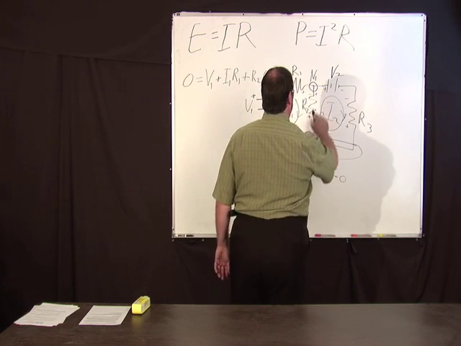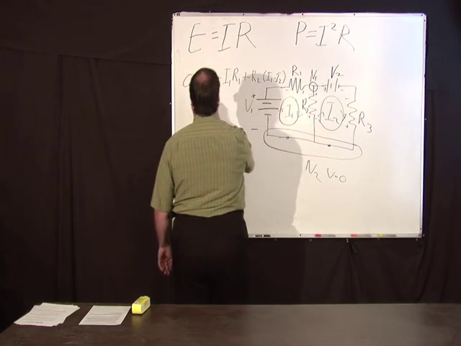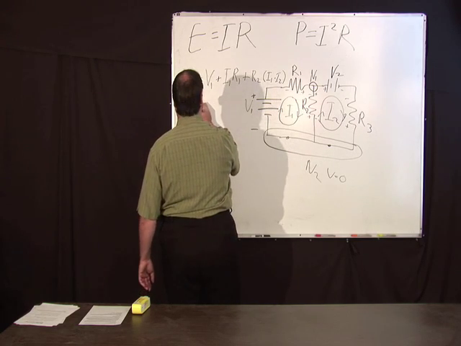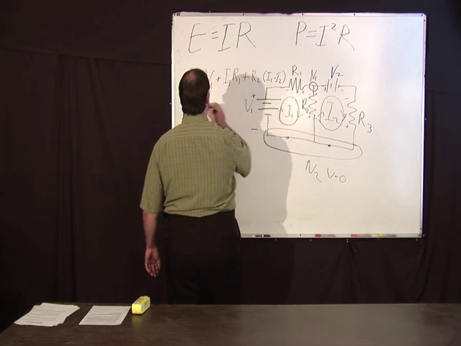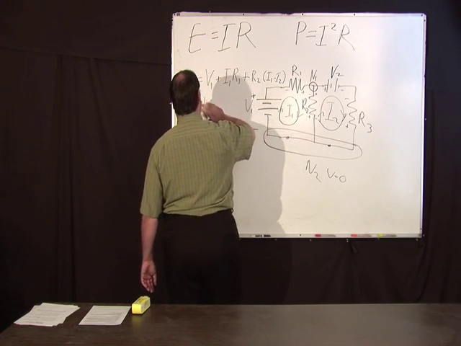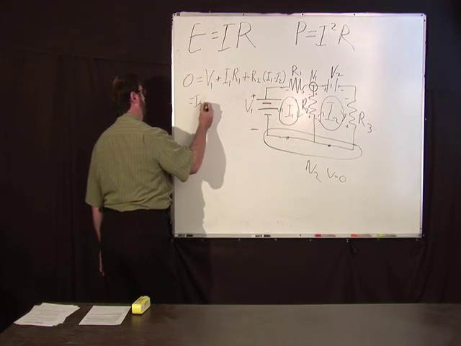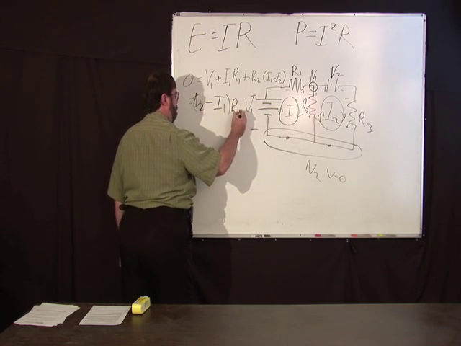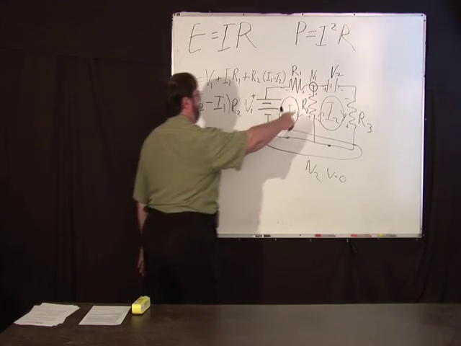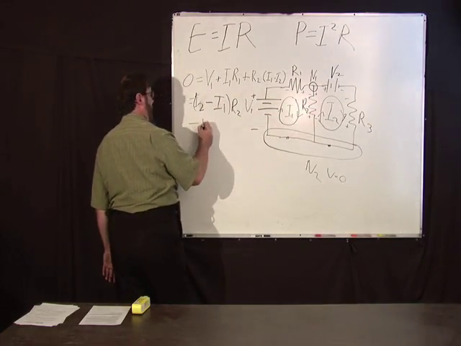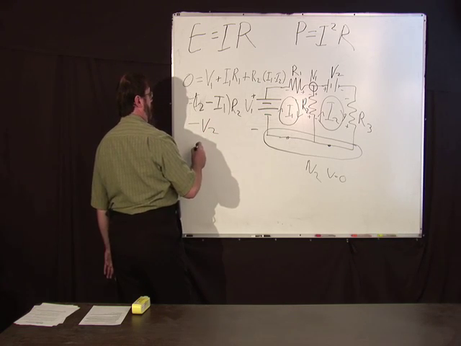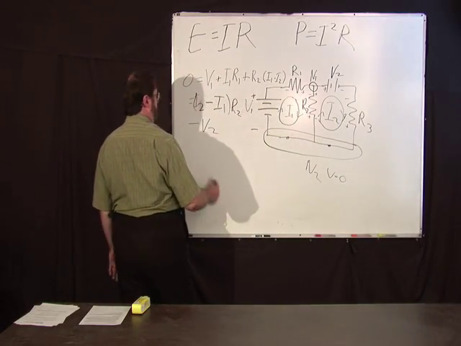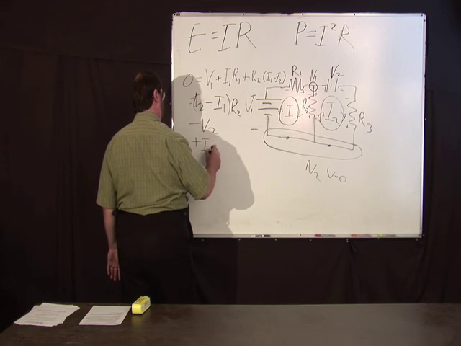So this first voltage is (I2 minus I1) R2, sorry, not R1. This is going the opposite way, so it's minus V2. And then this last one is just I2 R3.